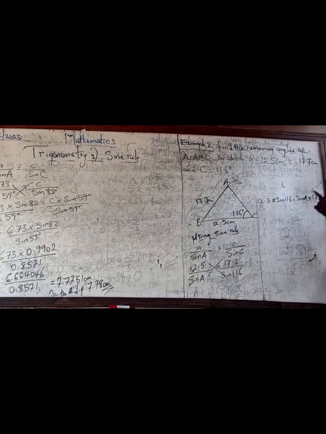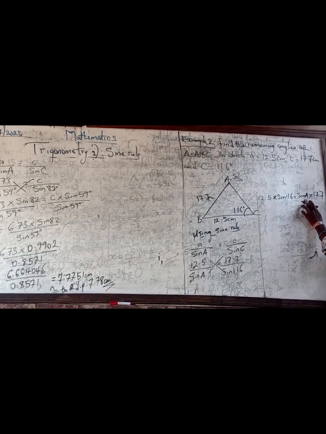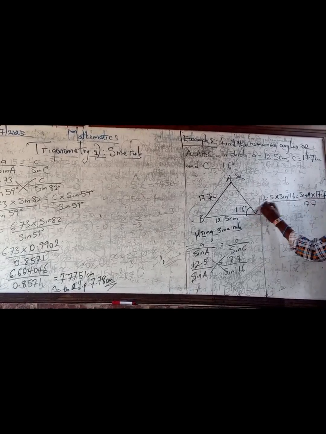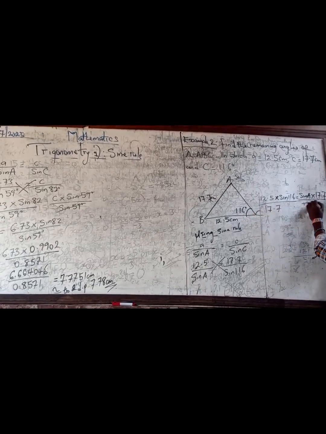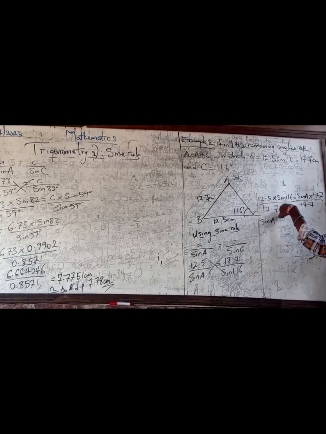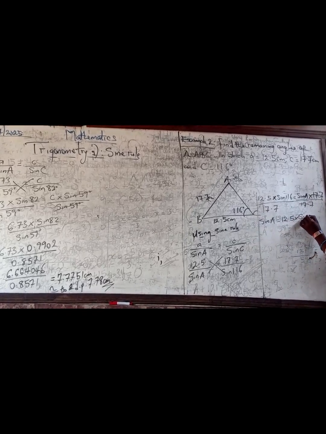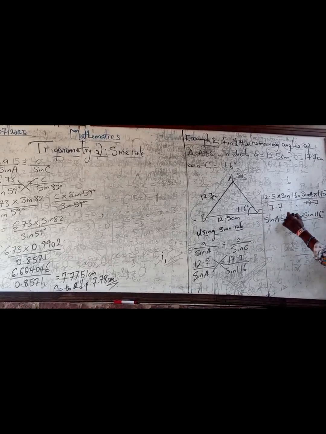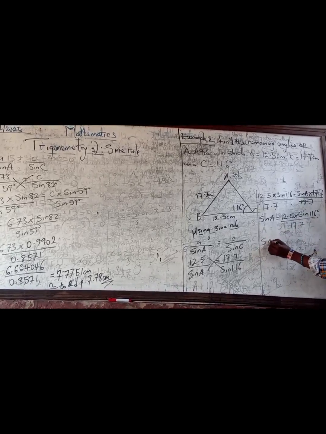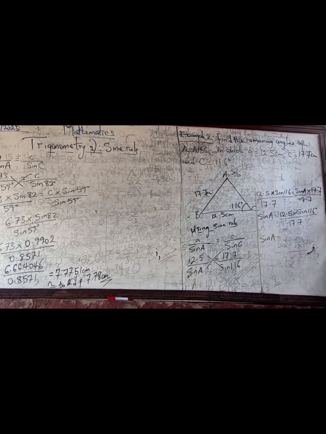So just like we did before, divide both sides by the coefficient of what you are looking for, which is 17.7. So we have that sine A is now equal to 12.5 times sine 116 degrees over 17.7. So let's get our calculators and plot this directly.